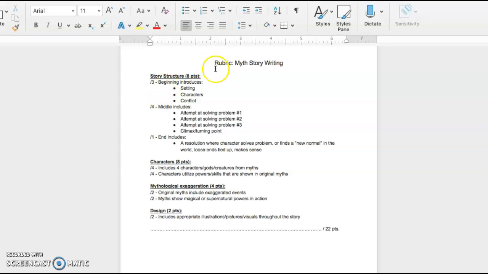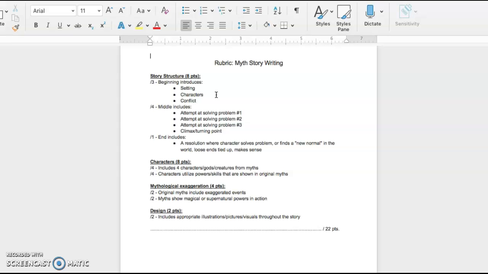For your beginning, make sure you introduce your setting, introduce your characters, and introduce your conflict. 3 points total. Your middle should have 3 attempts at solving the problem. It should also include the climax or the turning point in your story. This is worth 4 points.